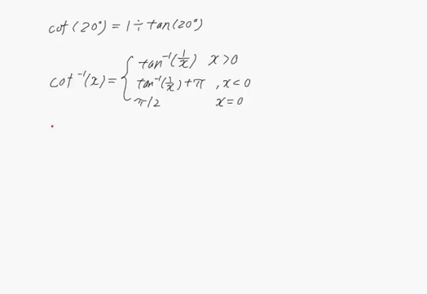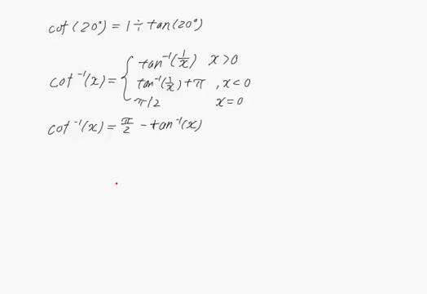You have inverse cotangent of x equal to half pi minus inverse tangent x. So you may just first find the inverse tangent of x and then use half pi minus this inverse tangent of x, and then you get the inverse cotangent.